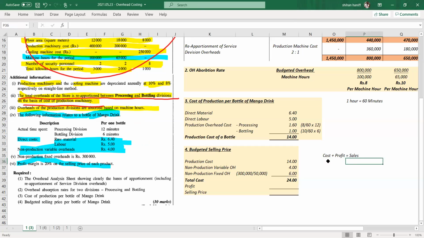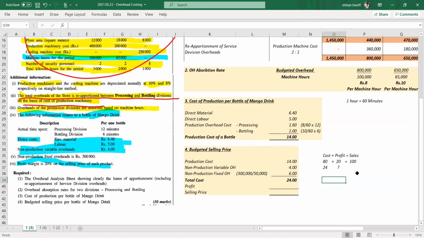On selling price means if the sales is 100, profit is 20, cost is 80. Then if the cost is 24, how much is the profit?